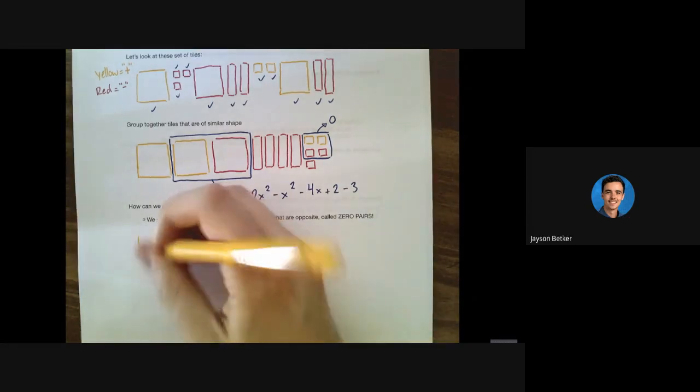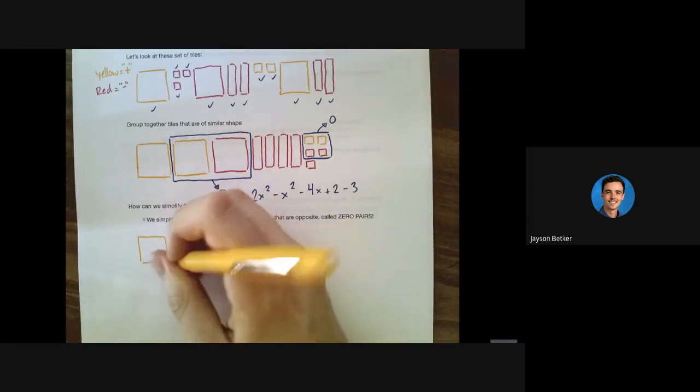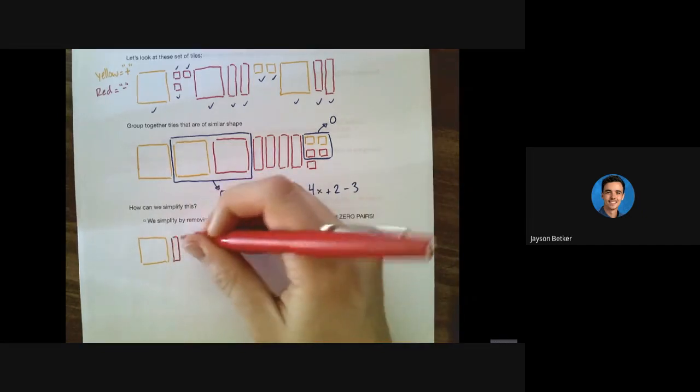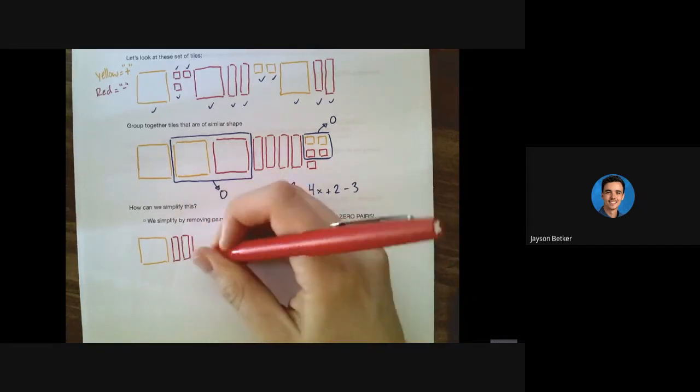So what ends up happening, if I cancel this out and cancel these out, I end up with just 1 square, 4 of the skinny lines, and 1 negative number, negative 1.